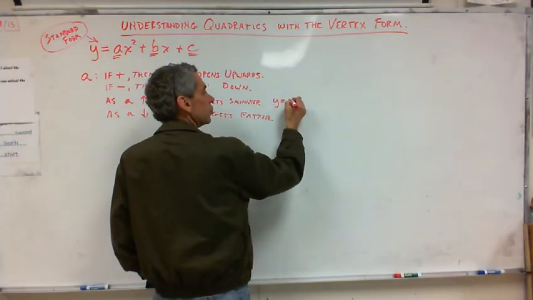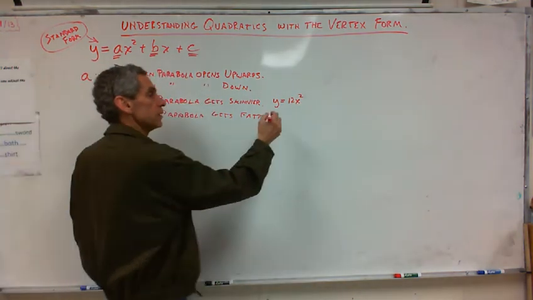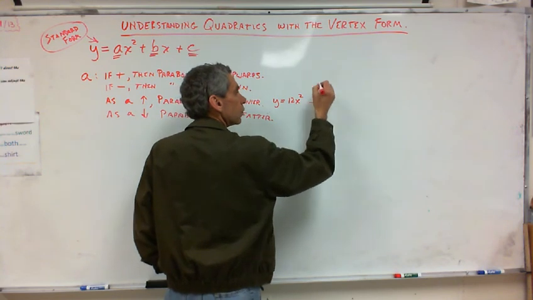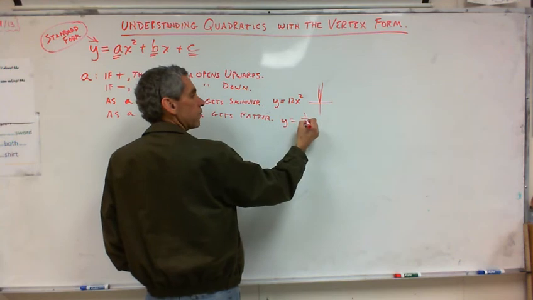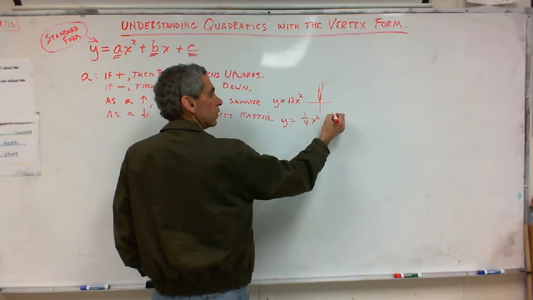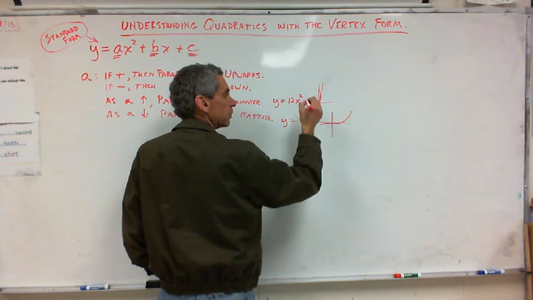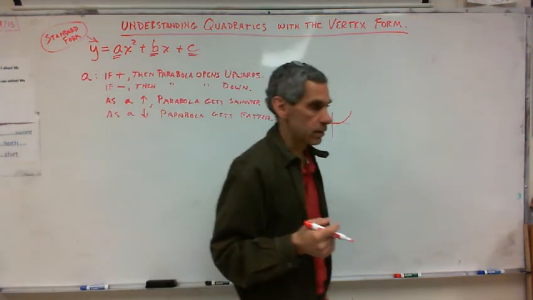Okay? So an example would be y is equal to 12x squared. That would be extremely skinny. That would be starting at 0, 0. It would be, right, very skinny. y is equal to 1/4 x squared. The parabola would be very fat.